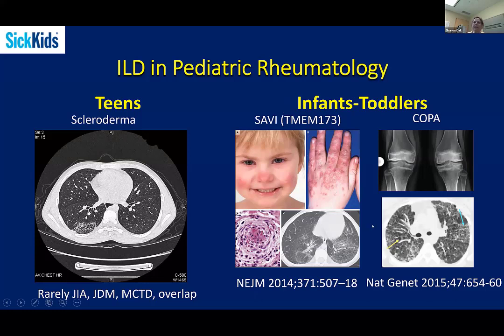And when you see this in infants and toddlers that have other features of systemic rheumatological conditions like a vasculitic skin rash or arthritis, then you have to think about some of the genetic autoinflammatory diseases that have been described over the last few years, like STING-associated vasculopathy of infancy and COPA mutations.